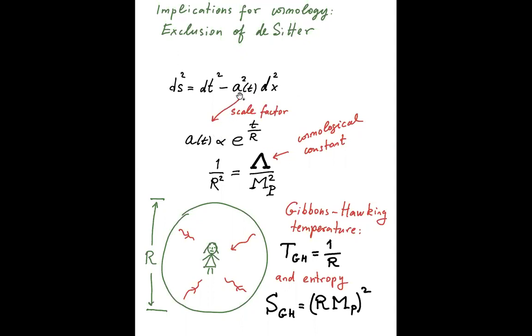De Sitter in this slicing corresponds to the exponentially expanding scale factor with constant R, where R is the curvature radius, which I just introduced, and 1 over R squared is equal to lambda divided by m Planck squared.